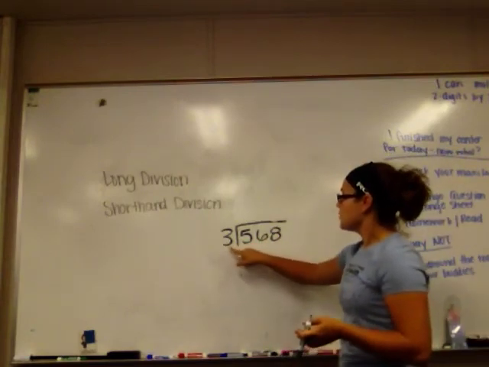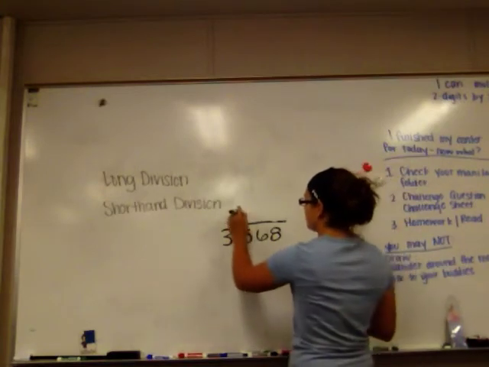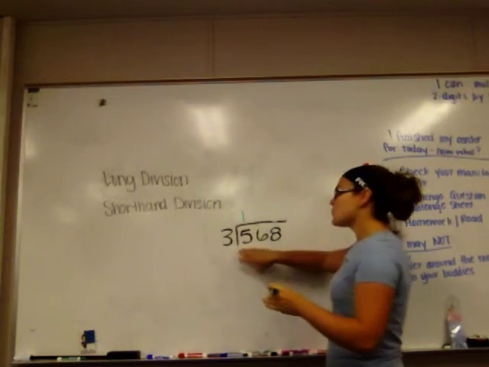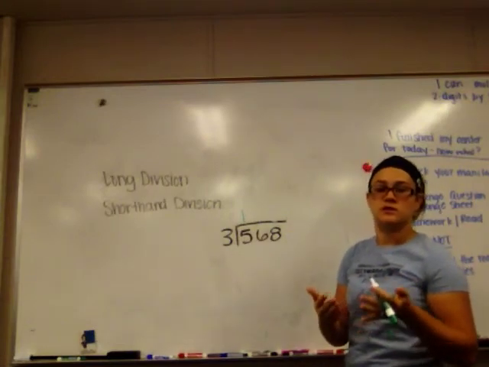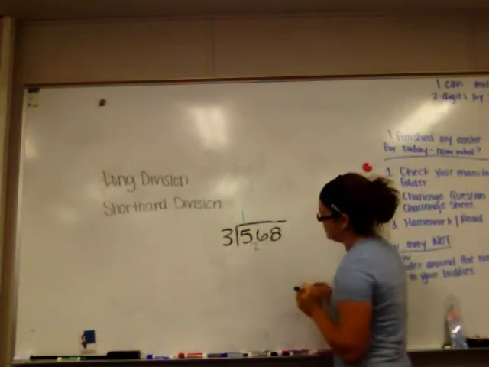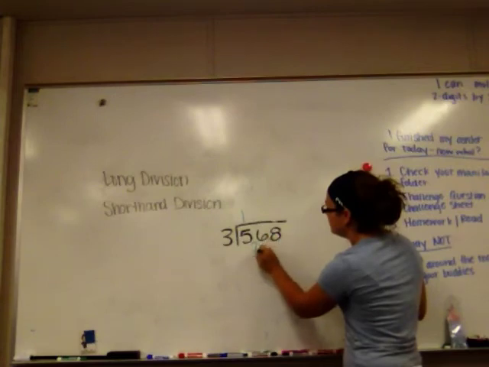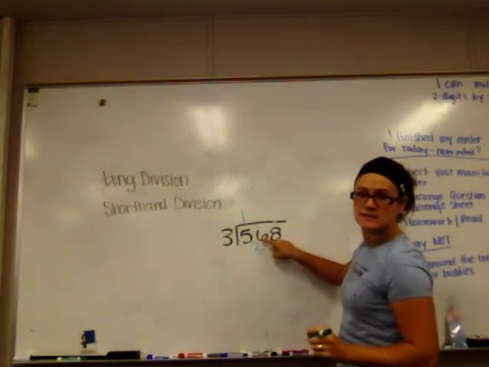So I'm going to, okay, 3 goes into 5 one time. So I'm going to put my 1 up here. Okay? Without writing all of this down here, there are 2 left over because I know 3 times 1 is 3. So I'm going to put my 2 right down here. So now, I'm going to do 3 into 26. Okay?